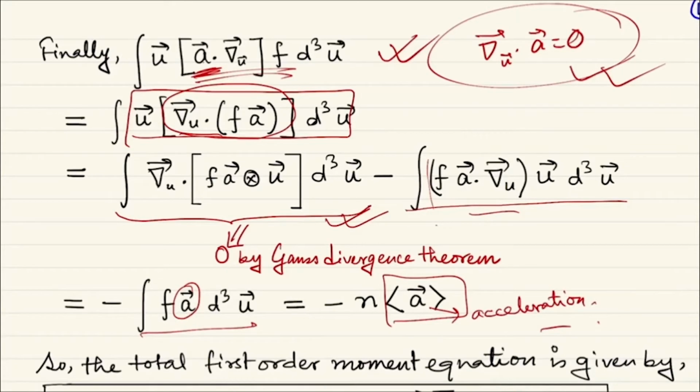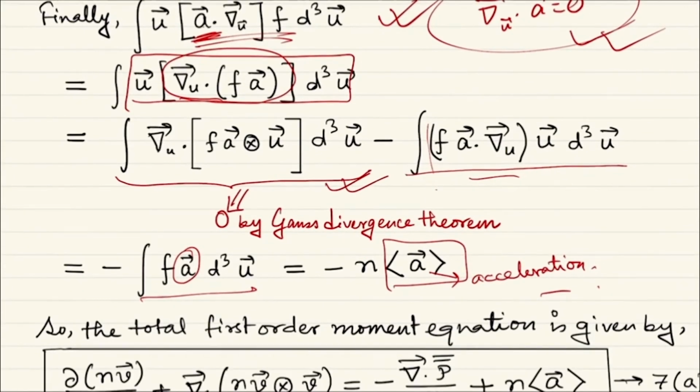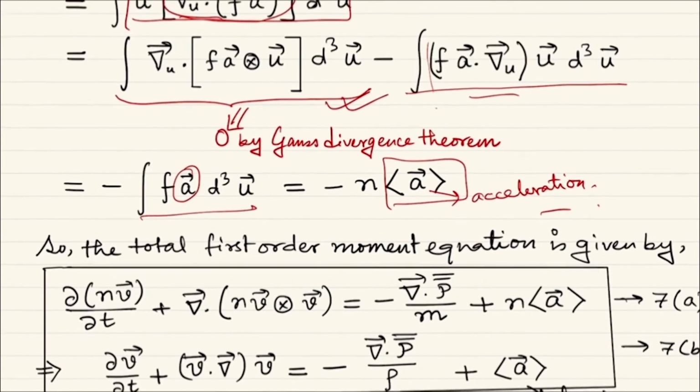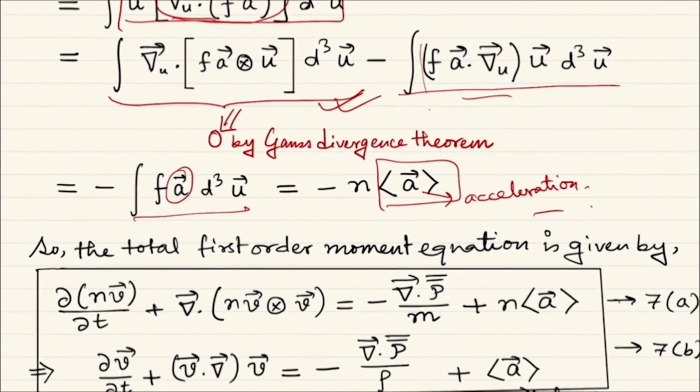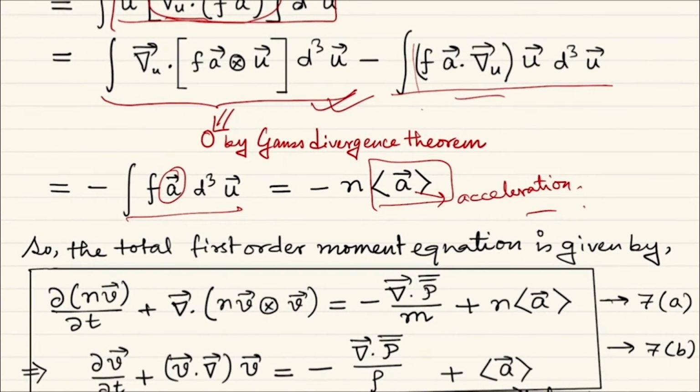Okay, so the total first order moment equation can now be written as ∂t of nV plus divergence of nV tensorial V is equal to minus divergence of P tensorial by m plus n times A vectorial.